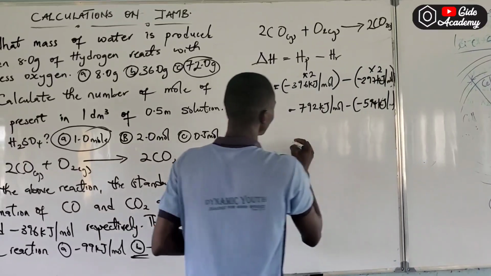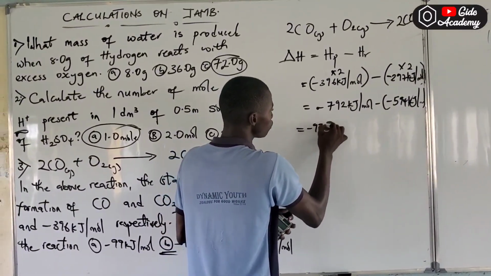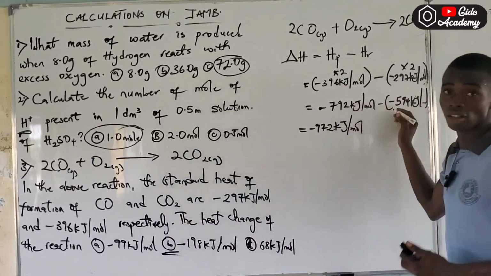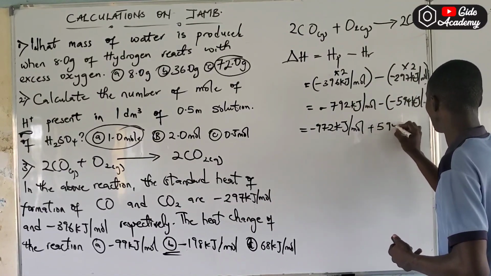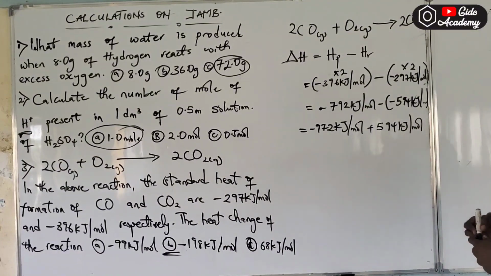So if you have a question like this, then what we have to do is minus 792 kilojoule per mole, minus, and minus in mathematics is going to give us plus 594 kilojoule per mole.